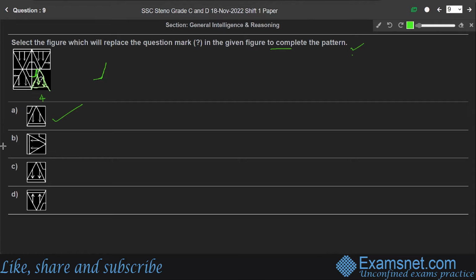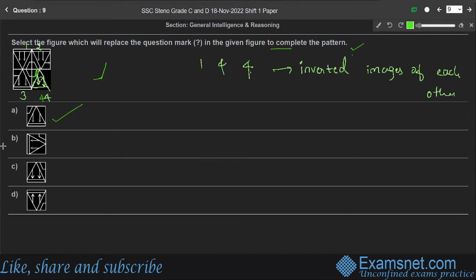And also, if you divide the given figure into 4 parts, 1, 2, 3, 4, the first part is the inverted image of the fourth part, and the fourth part is the inverted image of the first part, which are inverted images of each other.